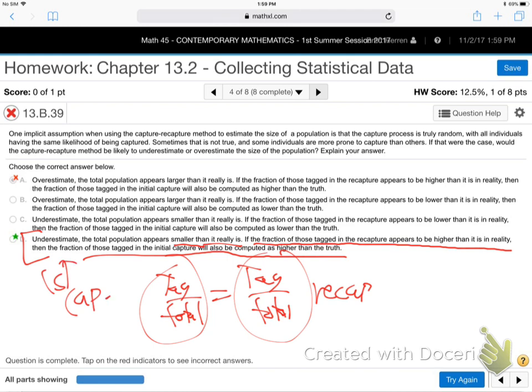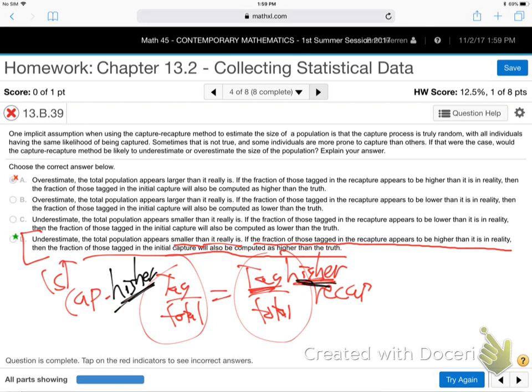So if this fraction is higher, because those fish are more easily caught, so there's more tagged fish going to show up in your recapture than is truly the average in the lake, because those are just more catchable fish. So this fraction is higher, which means since these two fractions are equal, this other fraction is higher also, right?